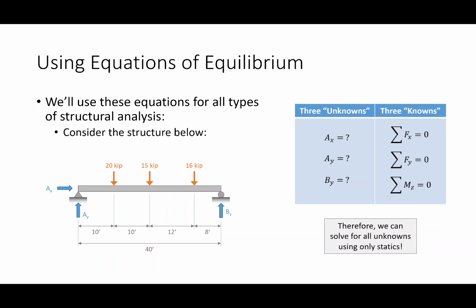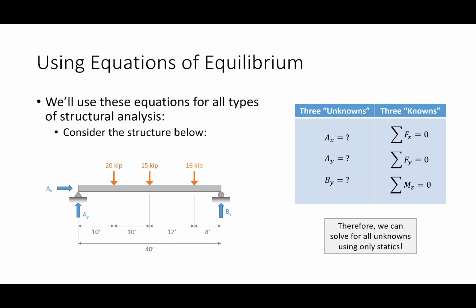With me so far? By the way, if you ever hear me refer to a beam or a structure as simply supported, a simply supported structure is one that has a pin-roller boundary condition type like this. Pin on one end, roller on the other. In other words, no fixed supports. That's kind of what that means.